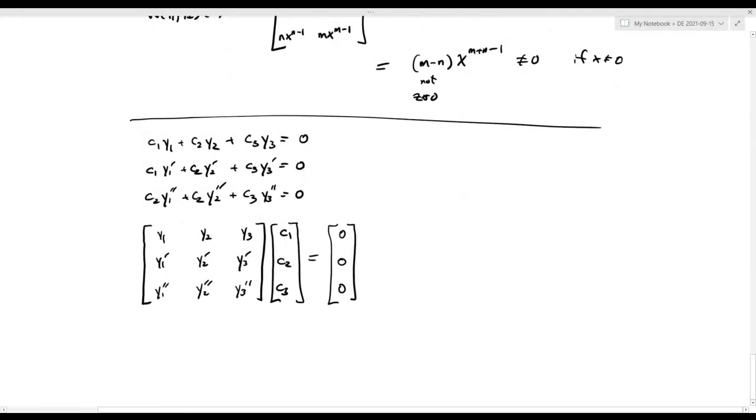And we know that if there's only a unique solution for the C's, namely that they're all 0, then we have linear independence.